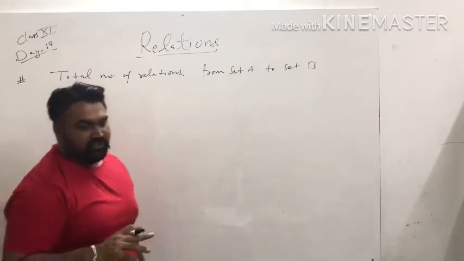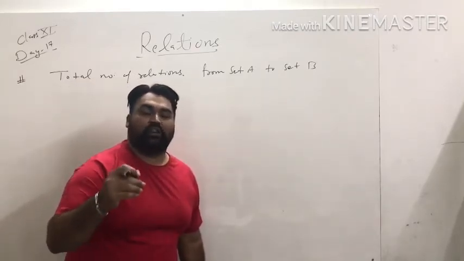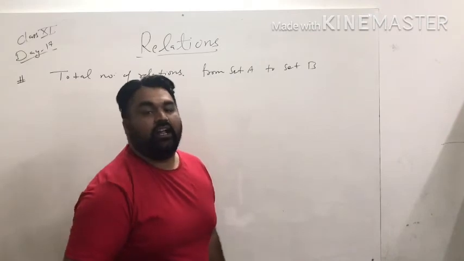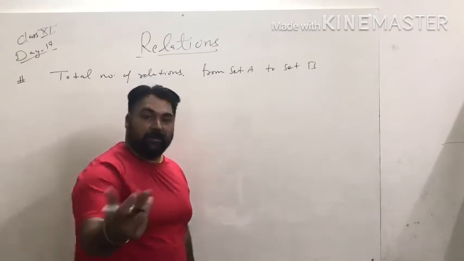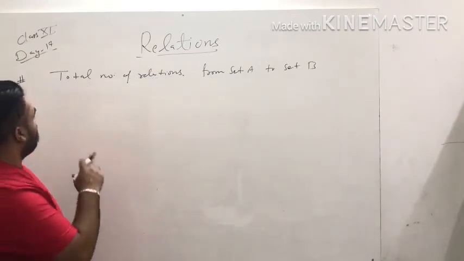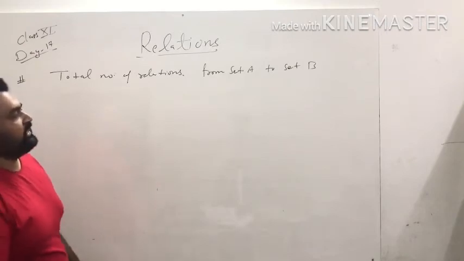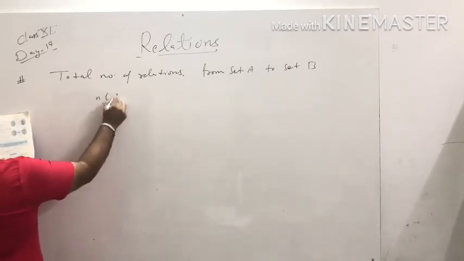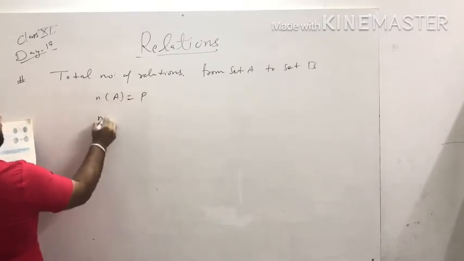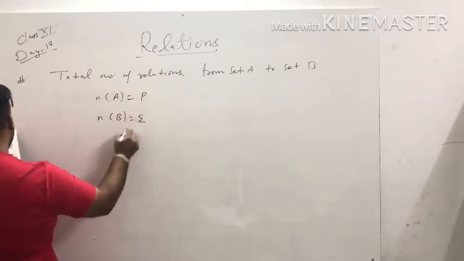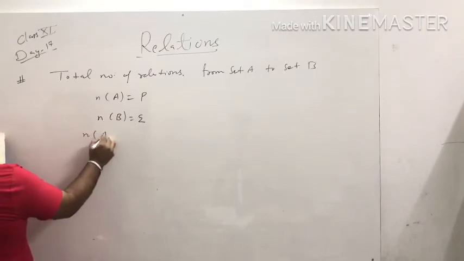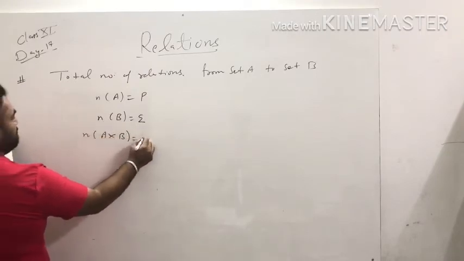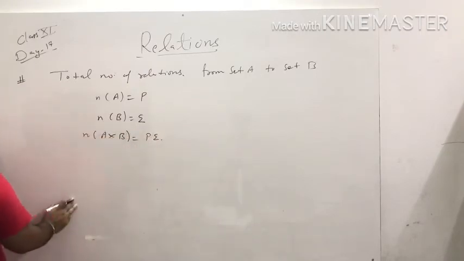We have to find the total number of relations, or we can say the total number of subsets, which is the same thing. So for the total number of relations from set A to set B, if n(A) equals p and n(B) equals q, then n(A cross B) equals pq.